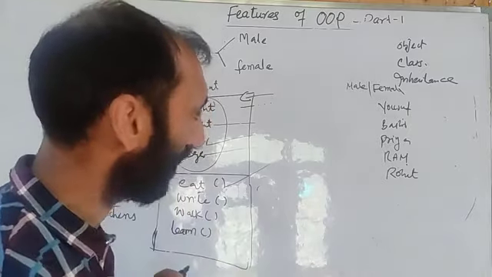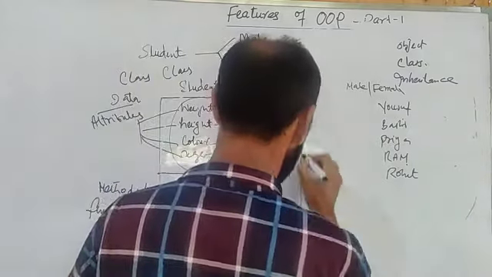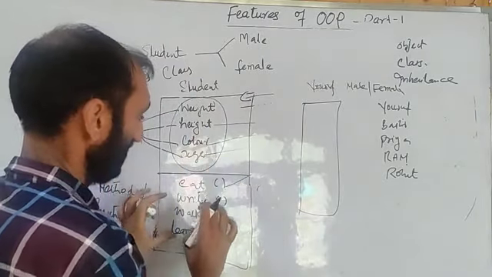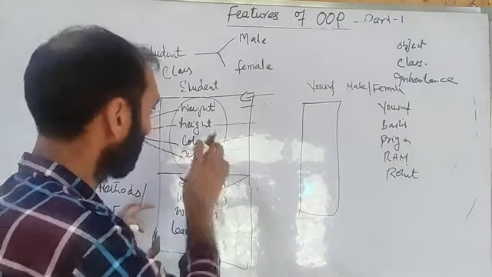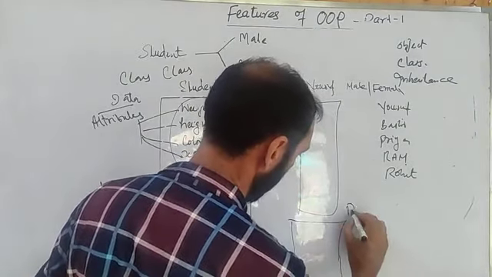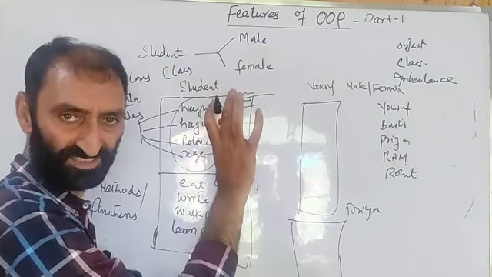But what is inheritance? For example, this is Yousuf. We know that Yousuf contains all these features of the student: weight, height. And this is, for example, Priya. Priya contains all these features.